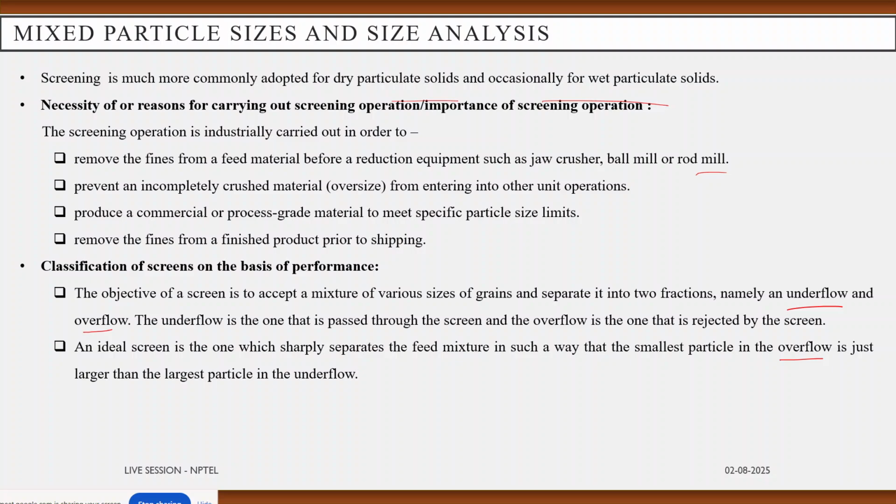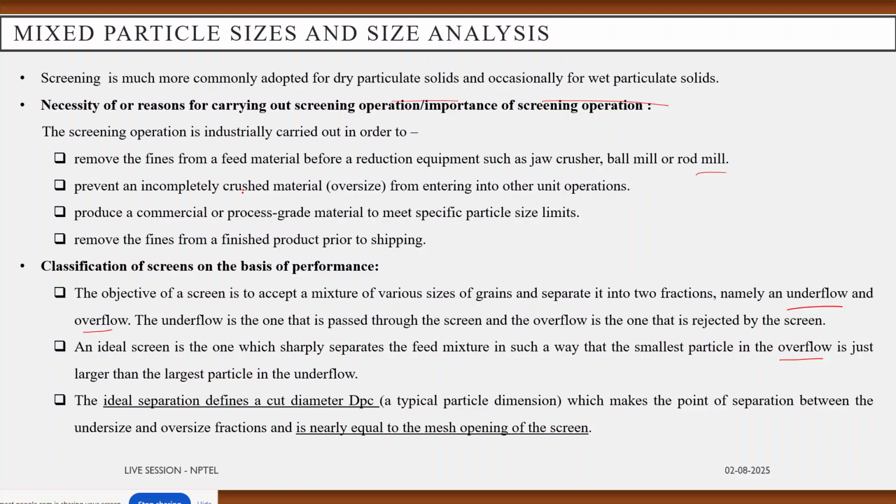So, we were discussing the classification of screening. When we talk about ideal screening, it sharply separates the feed mixture in such a way that the smallest particle in the overflow section is just larger than the largest particle in the underflow section.